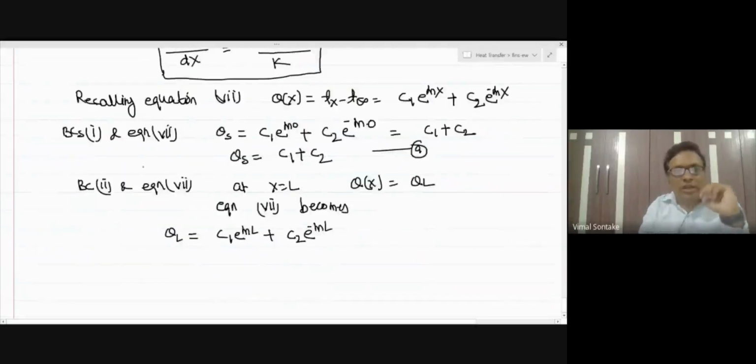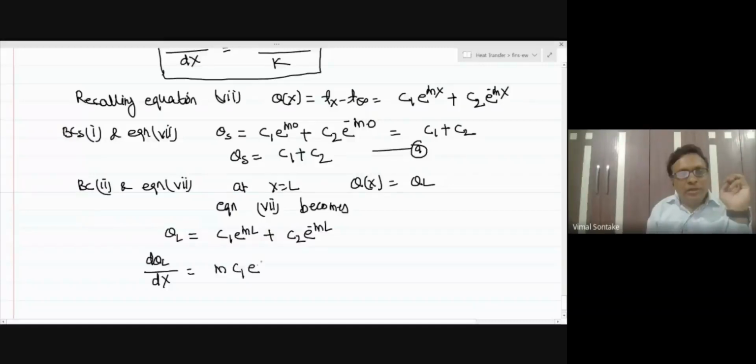Okay. Now if I take its derivative, d theta_L/dx, so what will it become? M into C1 e to power mL plus M into C2 e to power minus mL. And this m will actually be minus from the law of differentiation.